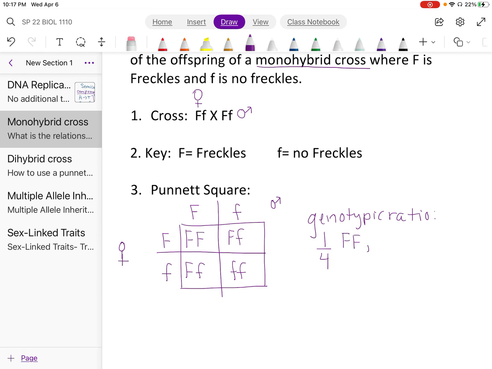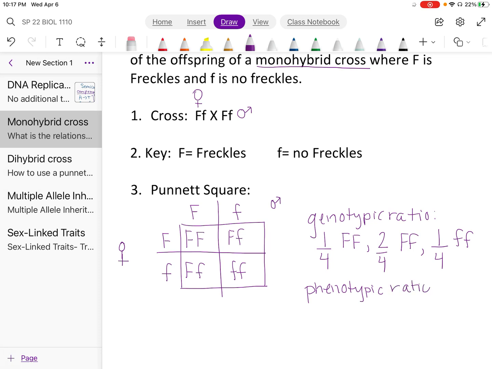Then you would have 2 out of 4 that are heterozygous. And then lastly, you would have 1 out of 4 that is homozygous recessive. That's your genotypic ratio. Your phenotypic ratio is now reading your genotypic ratio and reporting out with physical characteristics.